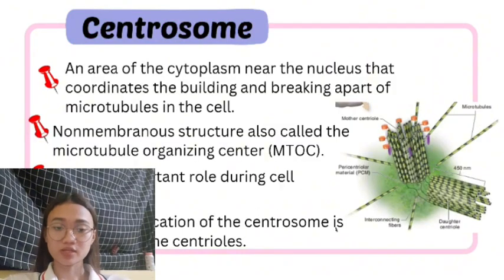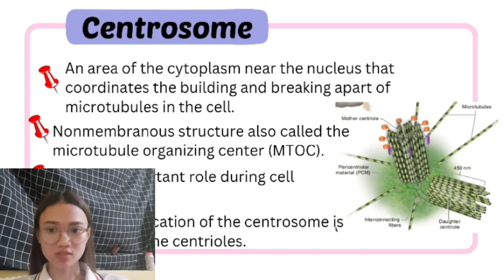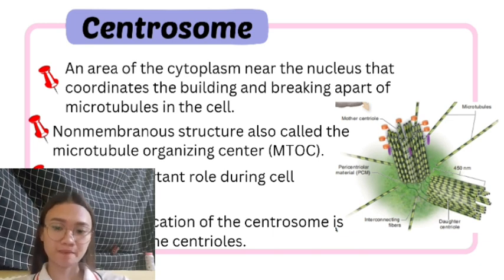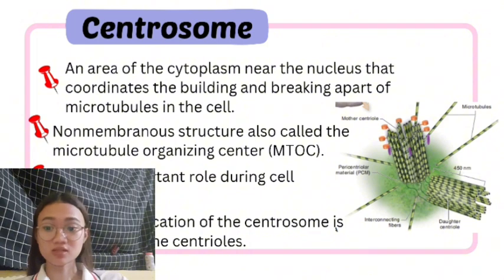Next, we have the centrosome. So, centrosome is a crucial part of the cell that helps coordinate the construction and disassembly of microtubules in the cytoplasm. So, this is a non-membranous structure also called the microtubule organizing center or the MTOC.